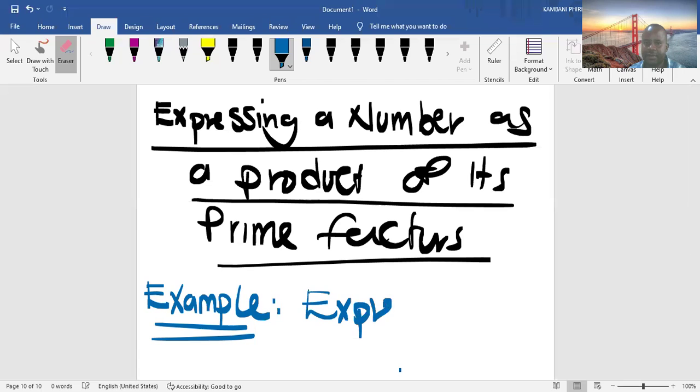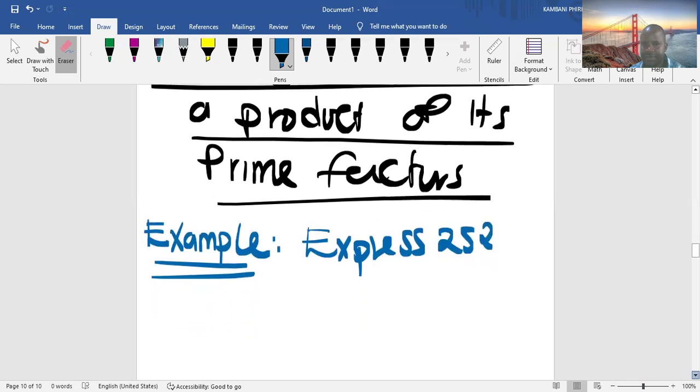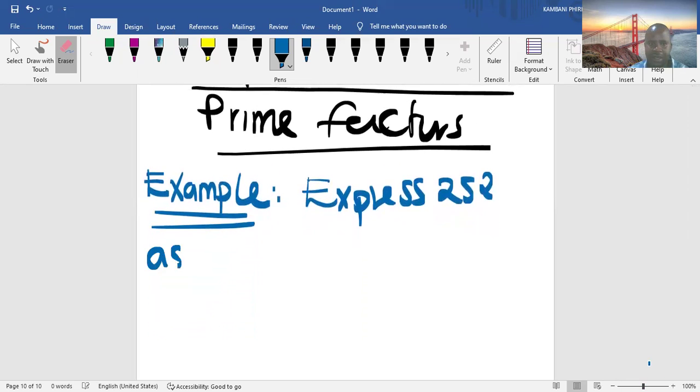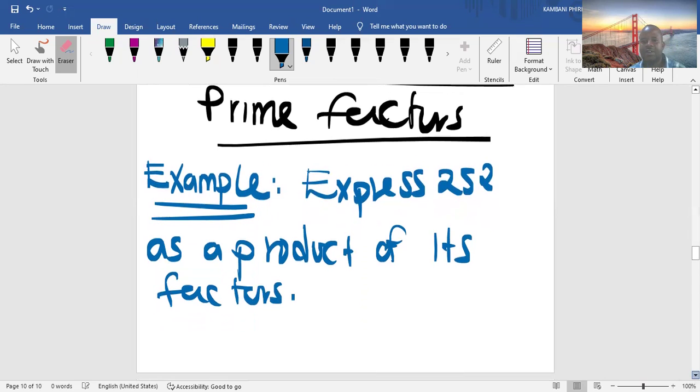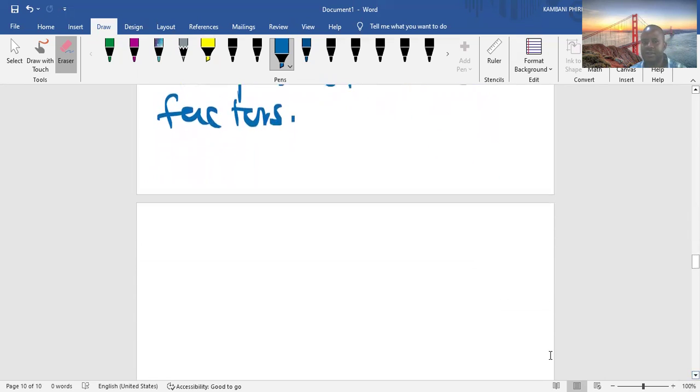Express 252 as a product of its factors. So how do you do that? Very simple.